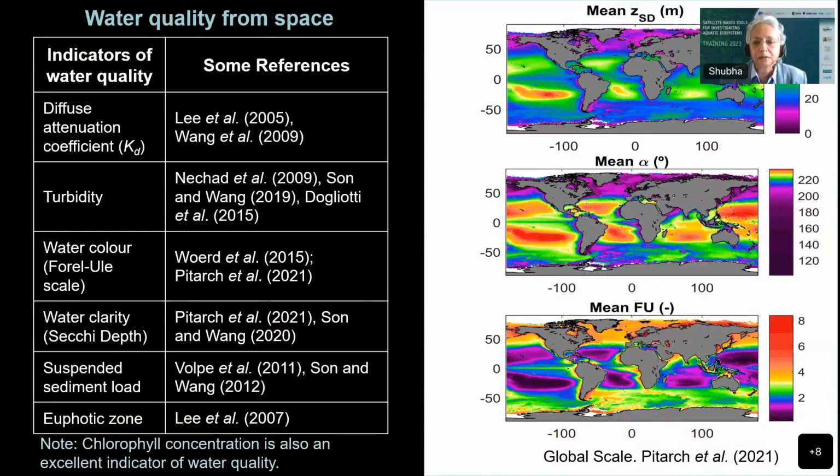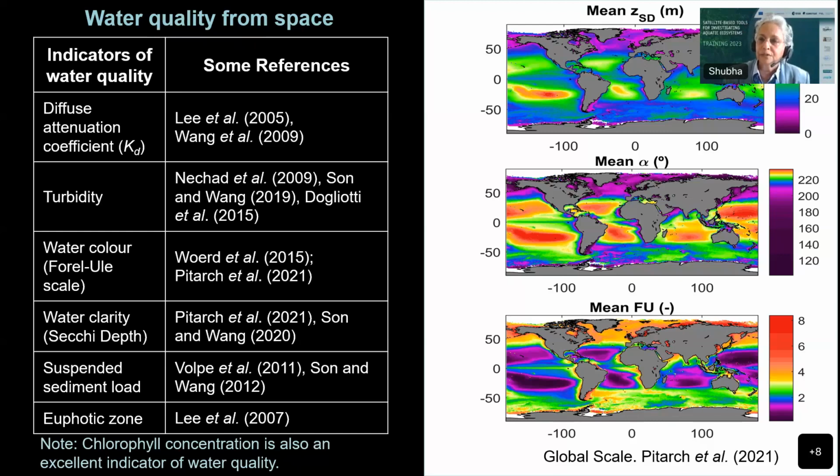We have heard a lot about chlorophyll from satellites. But there are other properties such as the diffuse attenuation coefficient, turbidity, water color, water clarity, suspended sediment load, the euphotic zone, and so on. And just about all of them are available to remote sensing.